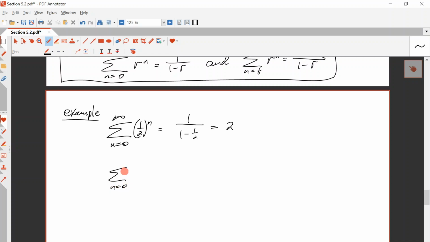Now the sum from n equals 0 to infinity of minus 1/2 to the n. Well, that's 1 over 1 plus 1/2, which is 1 over 3/2, which is 2/3.